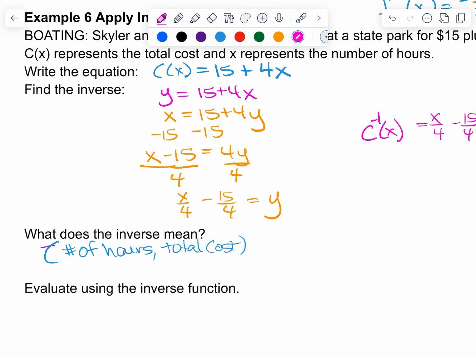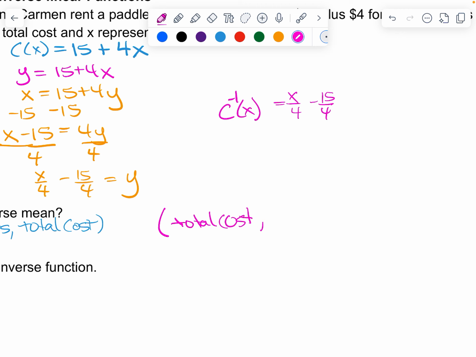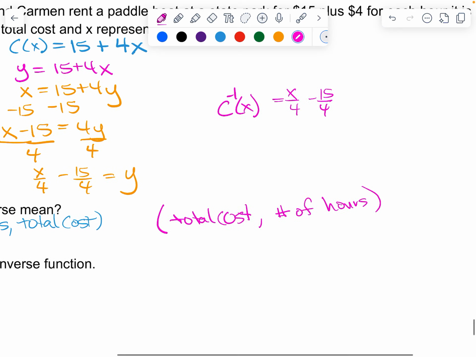Now, because it's the pink, X is now the total cost, and Y, or the inverse, is the number of hours. So all we've done is change what the X and Y are. That's all we did.